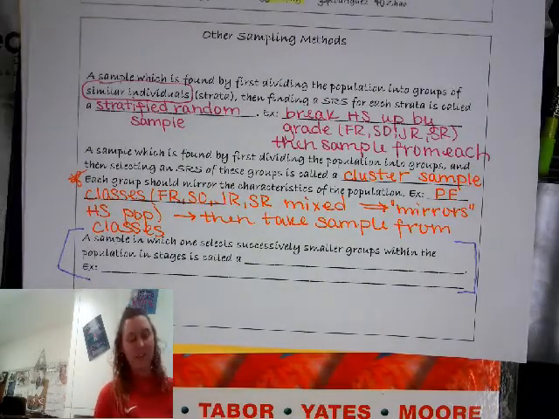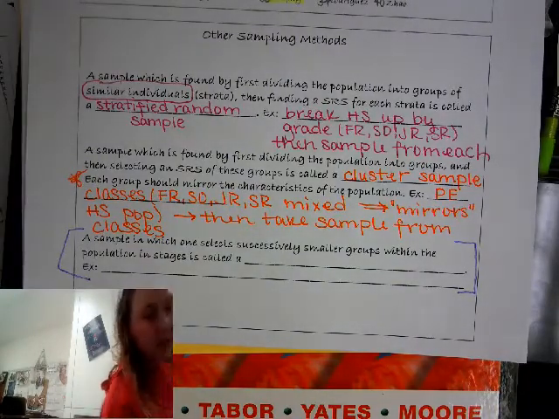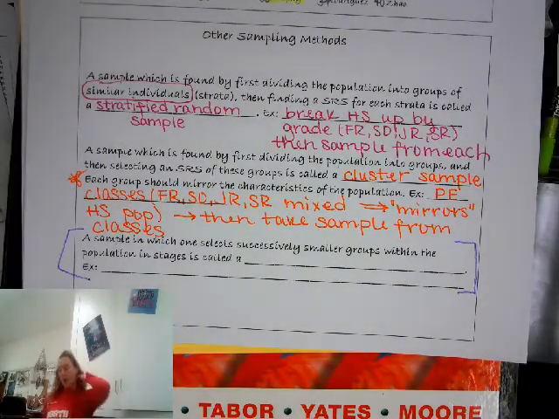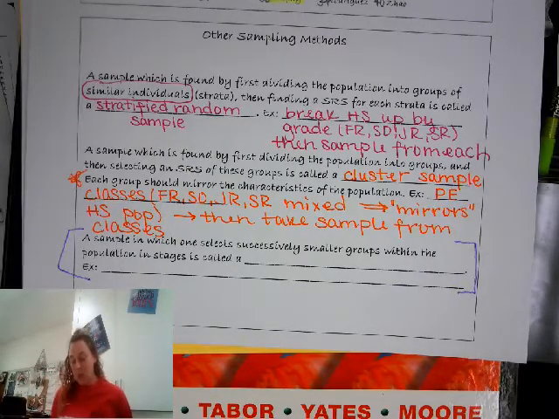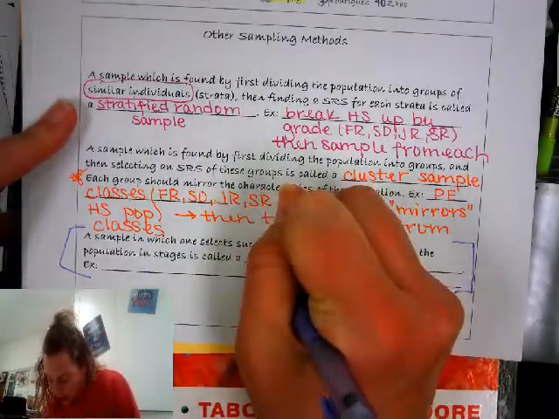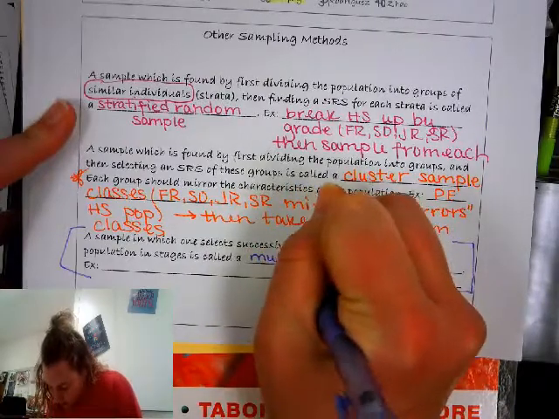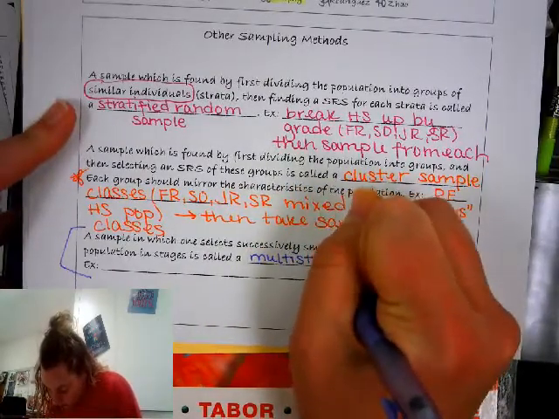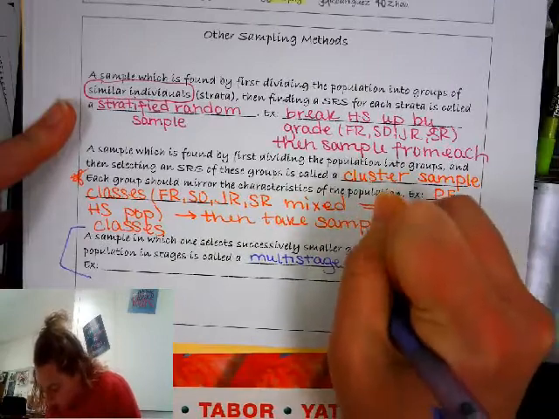A sample in which one selects successively smaller groups within the populations in stages is called a multi-stage sample. And like I said, we're not going to use it at this level of statistics, but it shows up in presidential polls.